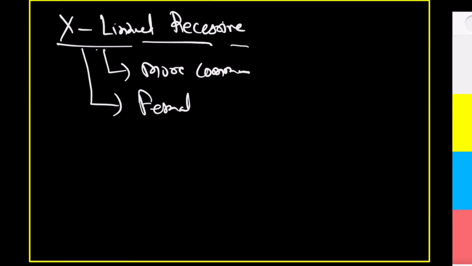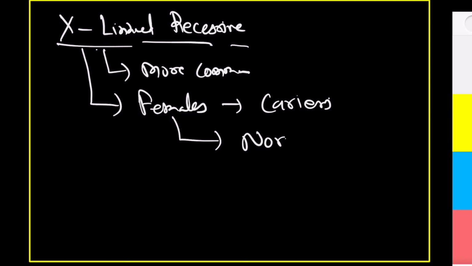Because here the females are generally the carriers. Yes, the females will have a normal phenotype, but they will pass on the disease.